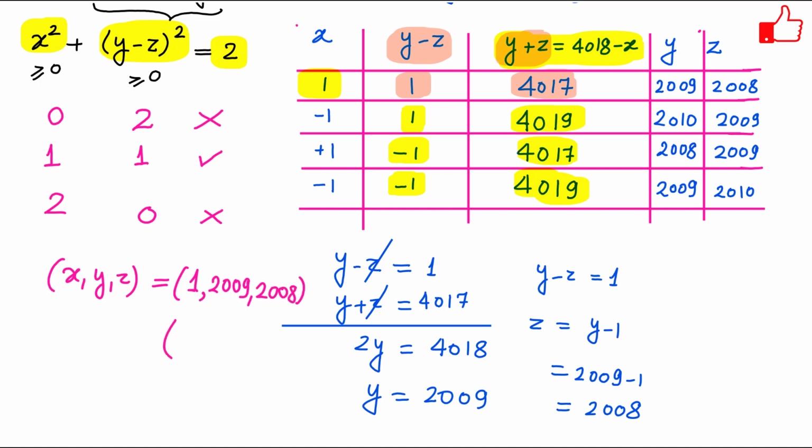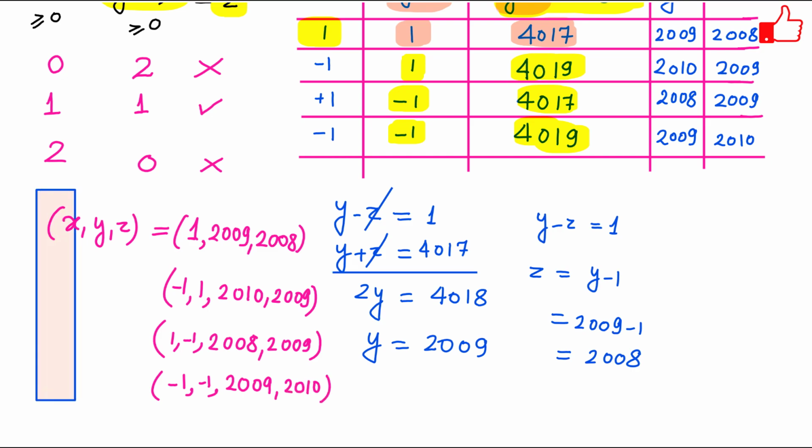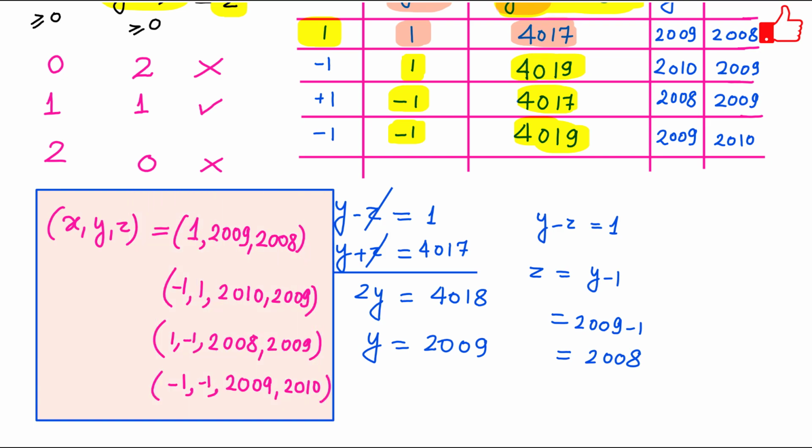The second solution is −1, 2010, 2009. The third solution is 1, 2008, 2009. And the fourth solution is −1, 2009, 2010. So there are 4 solutions possible for this case.